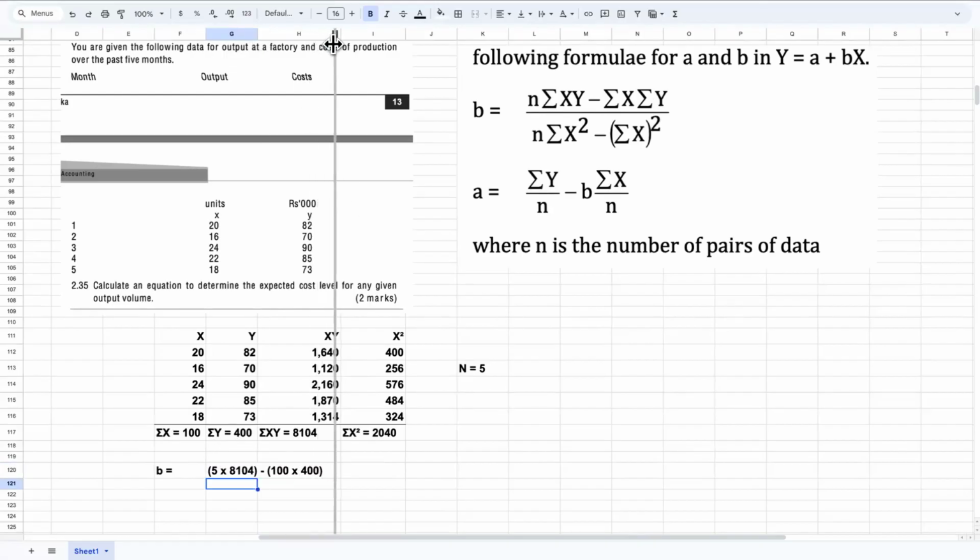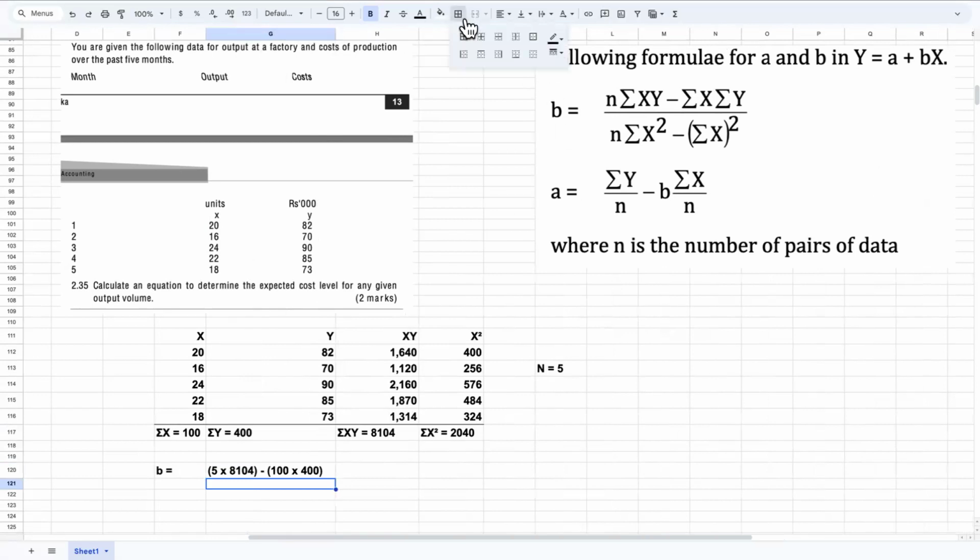We got the upper part of the formula, right? So for the bottom part, we have two items. The first one is n sigma x squared. So n is 5, right? I'll put a bracket: n is 5 times sigma x squared. The sigma x squared is actually 2040, right?